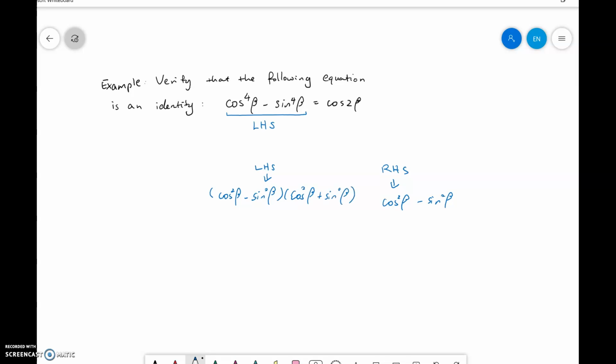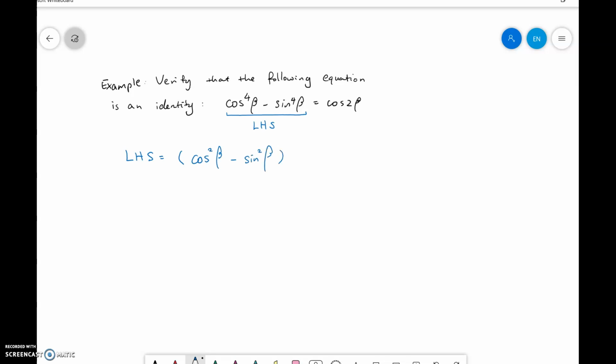Okay, so this is my starting point. I know I'm going to start from the left hand side. So now I'm going to really write out my solution. My left hand side, as I mentioned, I'm going to factor it, and it will equal cosine squared of beta minus sine squared of beta times cosine squared of beta plus sine squared of beta, where cosine squared of beta plus sine squared of beta is equal to 1 by the Pythagorean identity.